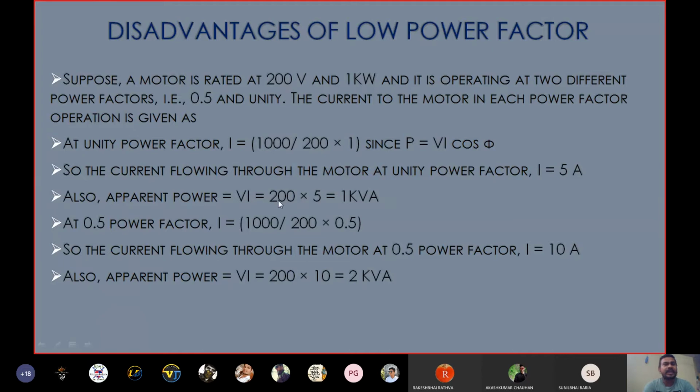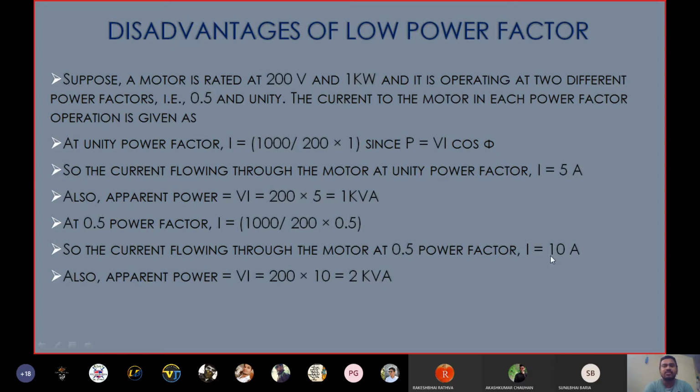Now we assume the motor operates at 0.5 power factor. The current taken by the motor is 1000 divided by (200 × 0.5). In place of unity power factor, we have 0.5 power factor, so the power factor reduces to half and the current becomes double.